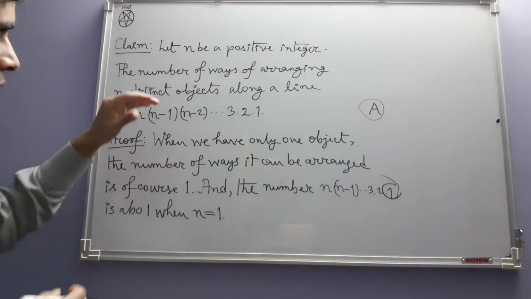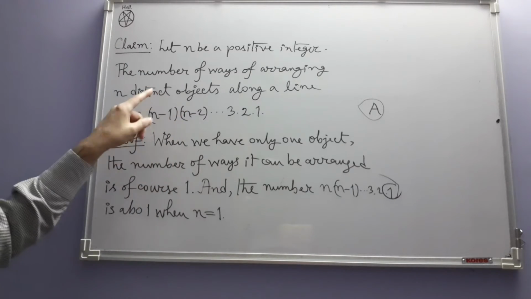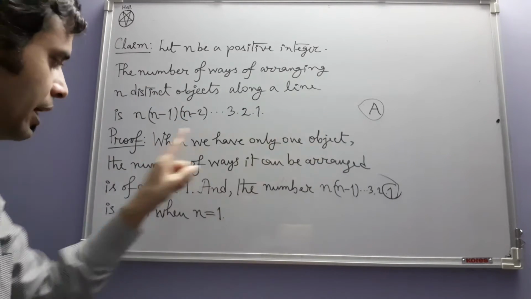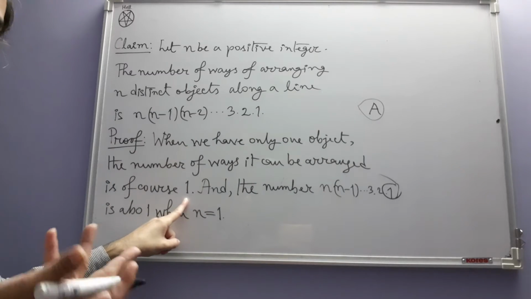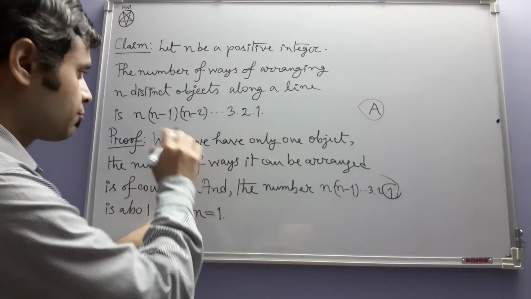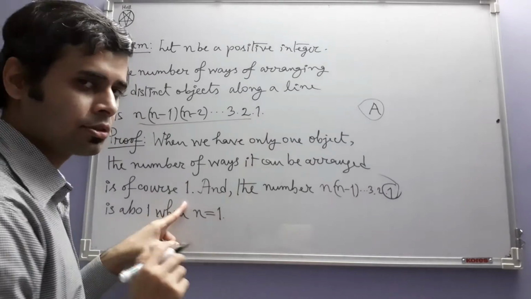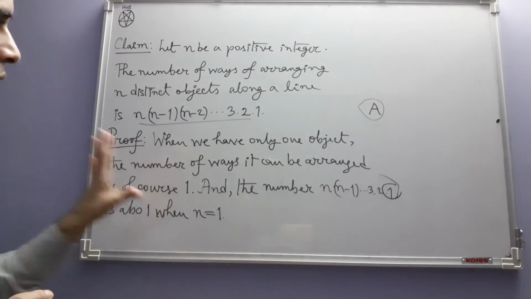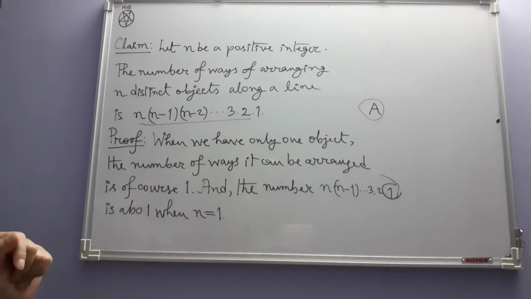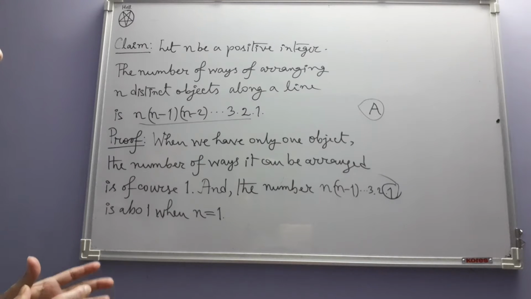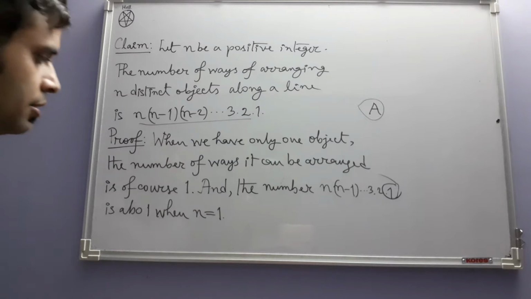So in this case, when there is only one object, the number of ways of arranging that object is 1, which is common sense. But from the formula also we are getting 1. So the formula is true when n is equal to 1. This is the basis for our induction. So now we assume the induction hypothesis.